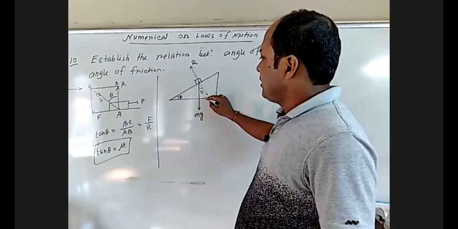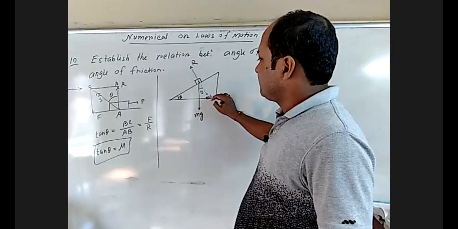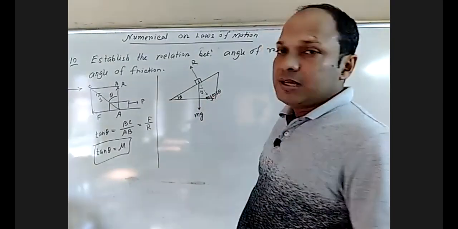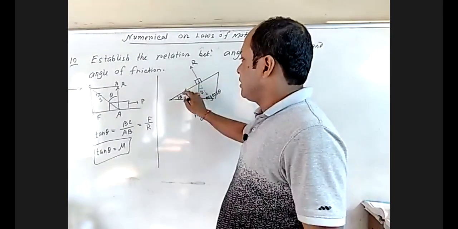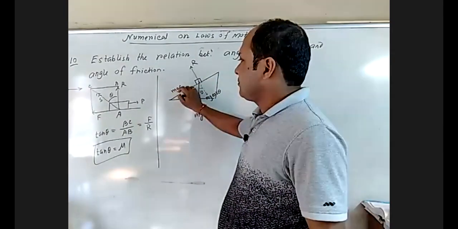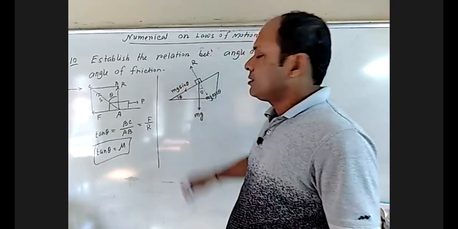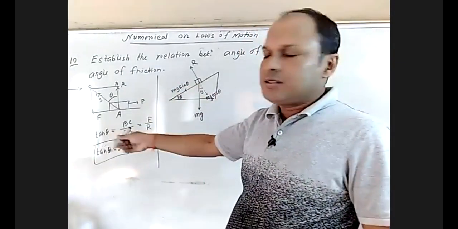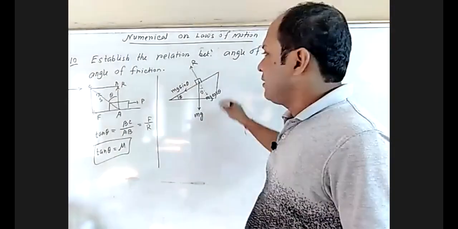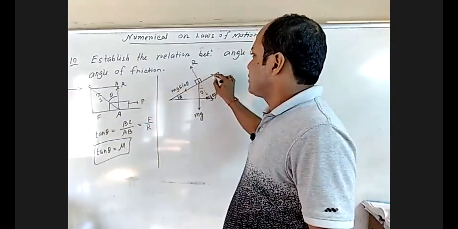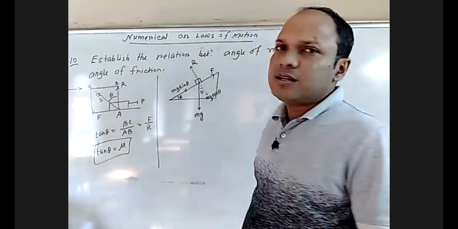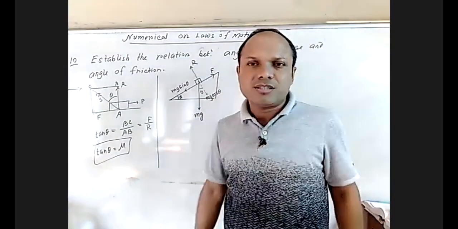This value will be mg cos theta, that is one component, and another component is mg sin theta. Whenever the object tries to move along this, the frictional force will act in the upward direction along the inclined plane.